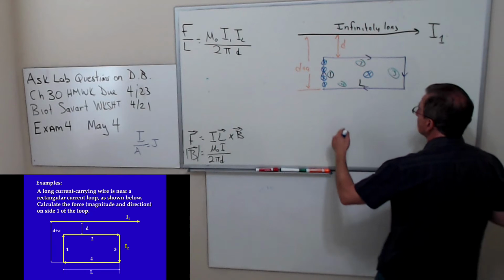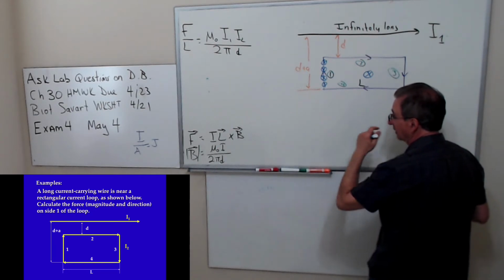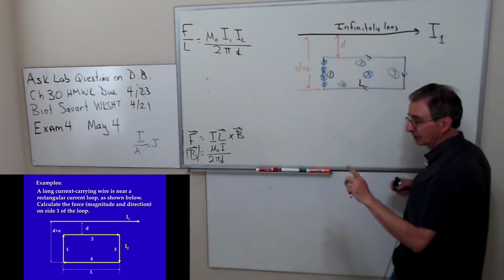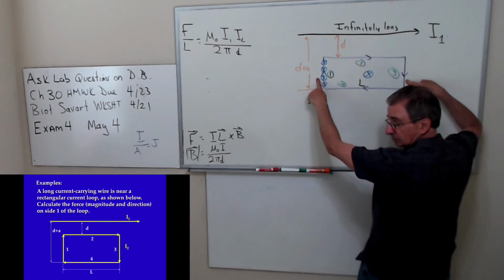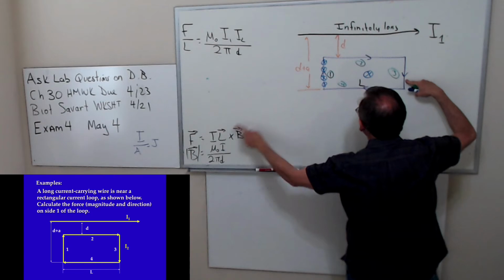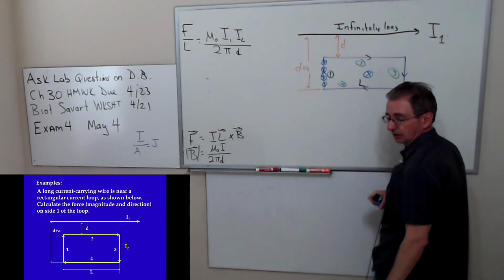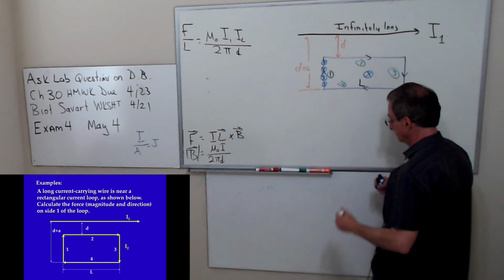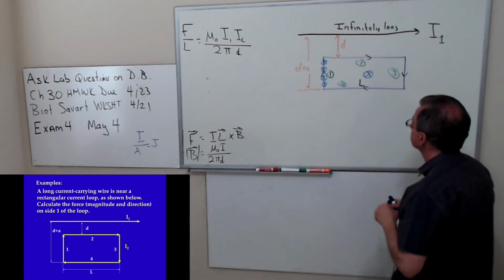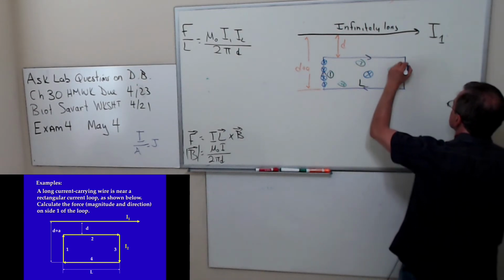So it's not 0 because the cross product gives you 0, but it's 0 because these 2 currents are in opposite directions. Do you see that? The L switches sign here and here. So for the segment with the 1, it's going into the board, and for 3 it's going out of the board.